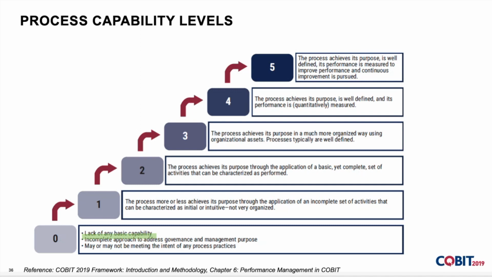At level 1, there is a process, but it's more intuitive, so it's not very organized. So these are processes that people follow because of routine, but they have not ever written it down anywhere, or it's not embedded into the system, so it's in people's minds. At level 2, there is a basic process, so typically there is some form of documentation, there is some form of a defined process, but it's ad hoc and it doesn't really deliver structurally the results that you want to have.